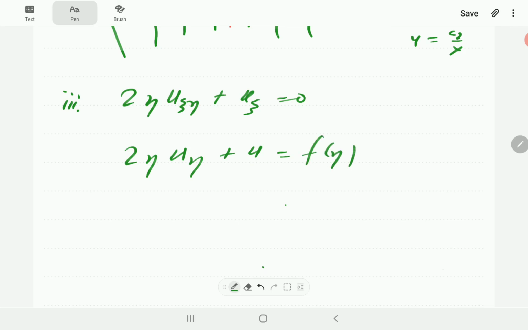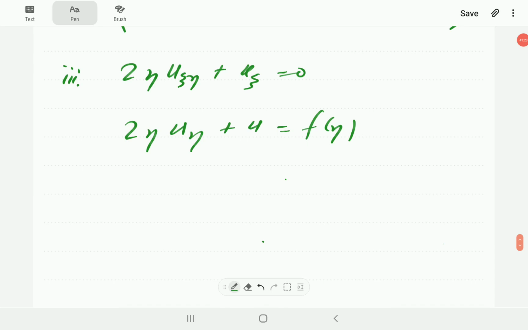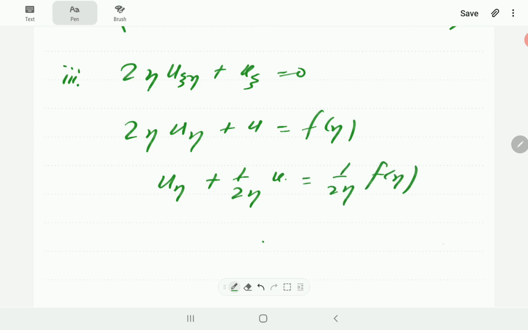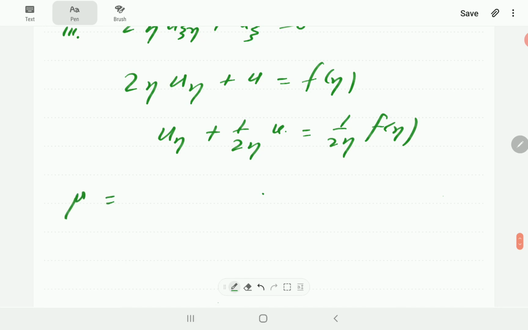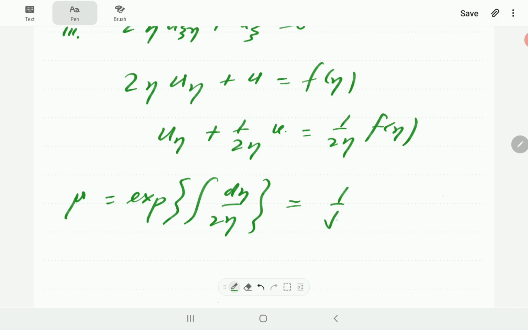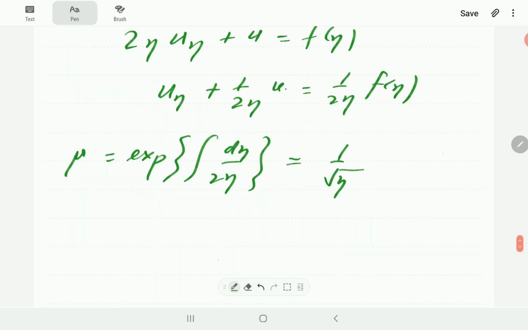So this is going to be a function of eta. And then if we divide everything by 2 eta here, 1 over 2 eta, 1 over 2 eta, then we can find the integrating factor. It's going to be the integral of d eta over 2 eta. This is simply going to be square root of eta. Just make sure that you can go through those steps.